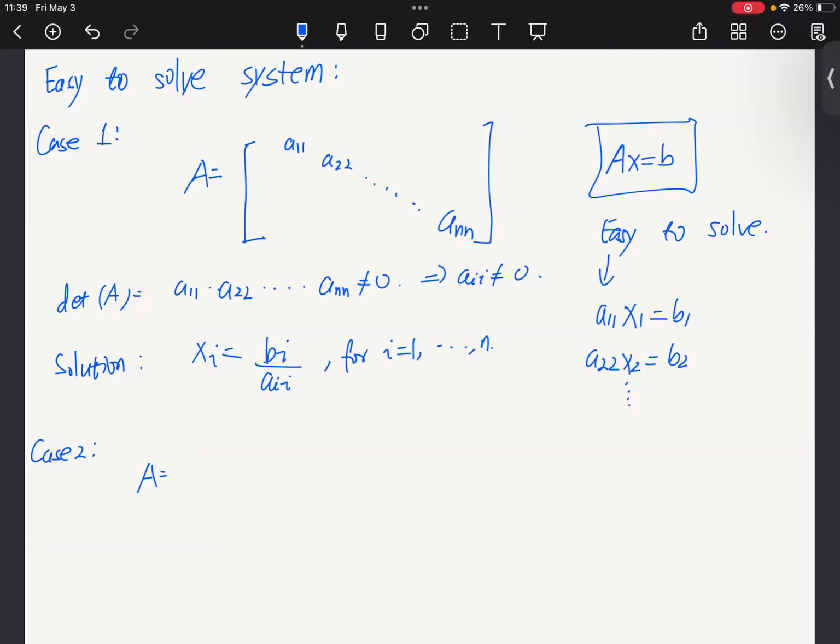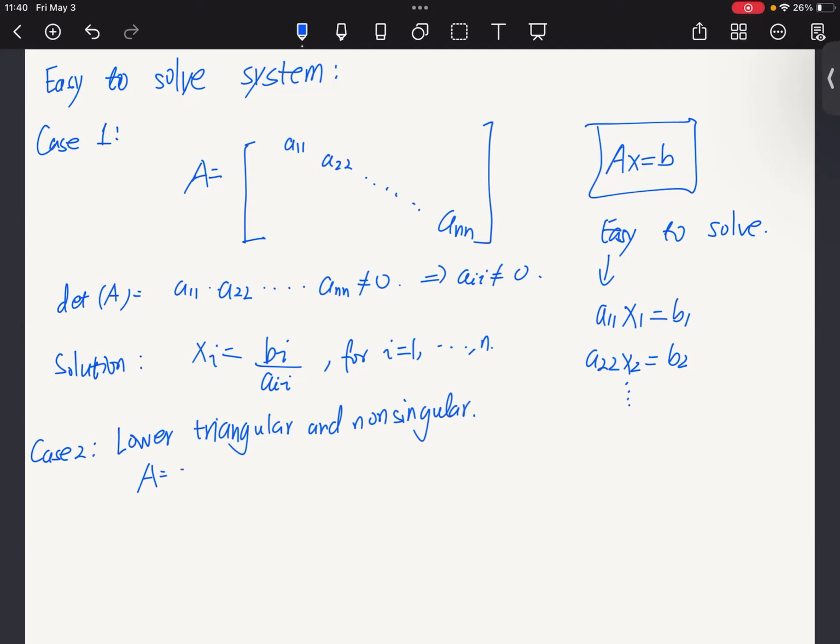You will see this in Math 104B, and if you go to Math 104C you will see it again, because people love this one. Lower triangular matrix. Also we assume that this one is non-singular as well. Throughout this section, we just focus on non-singular matrices.